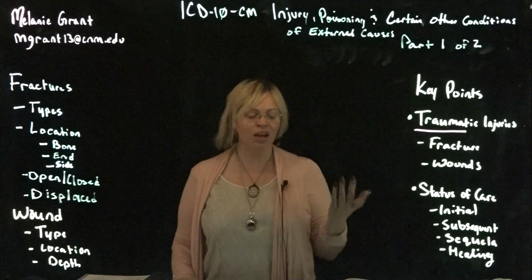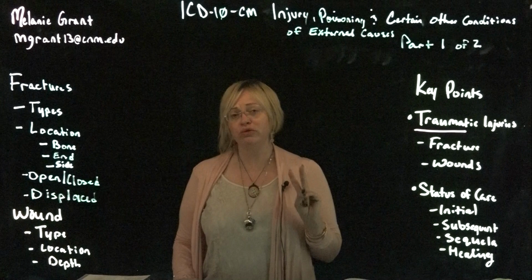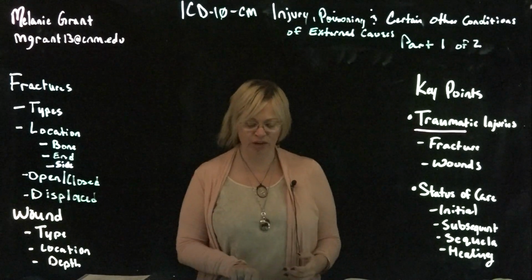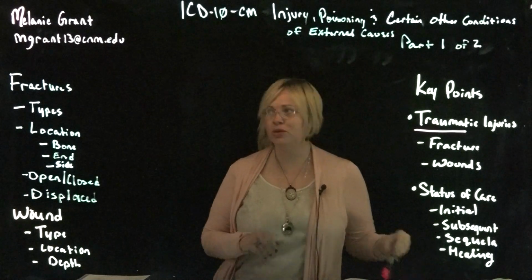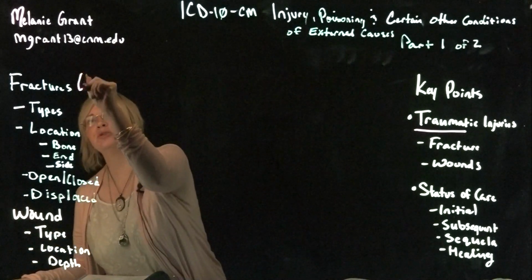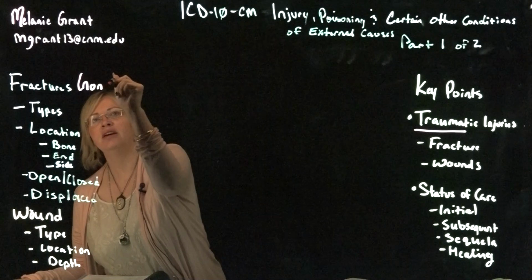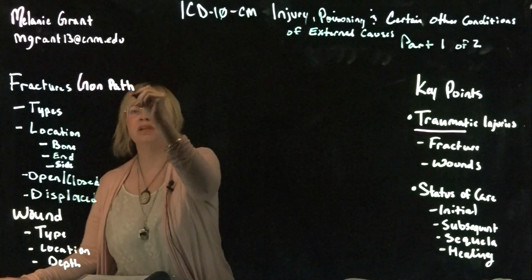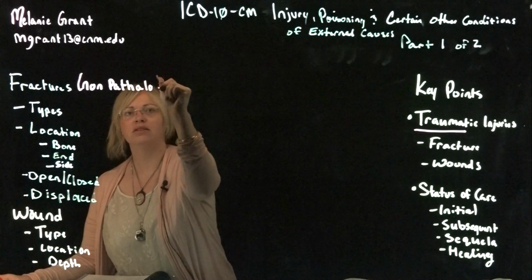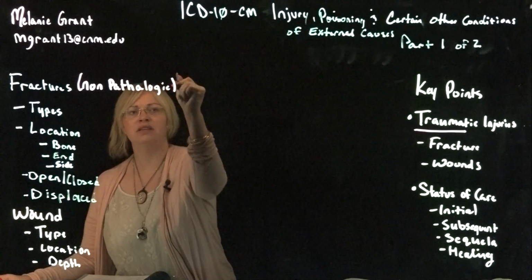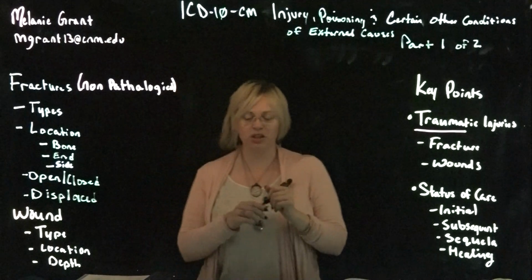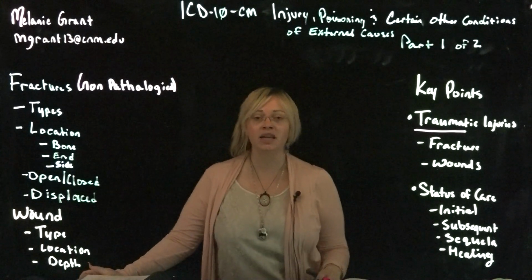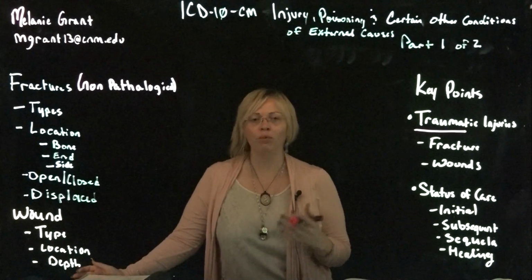injury. Now, with fractures, there are two different types: traumatic fractures and pathological fractures. So it's important to identify that pathological is going to be a condition of a disease, if you remember the term patho, meaning disease. Pathological conditions such as osteoarthritis can cause fractures from normal activities.